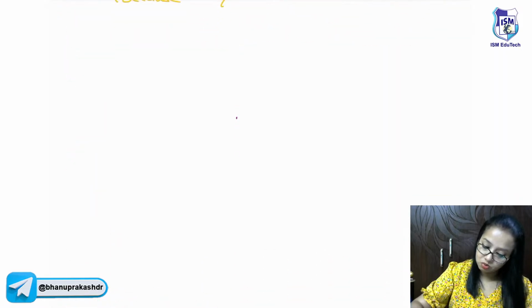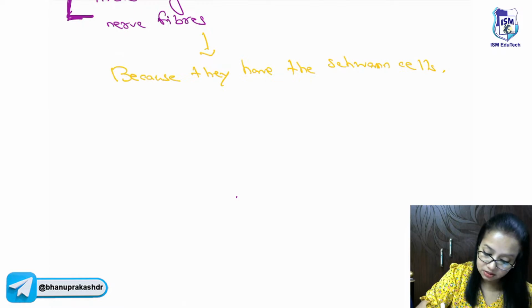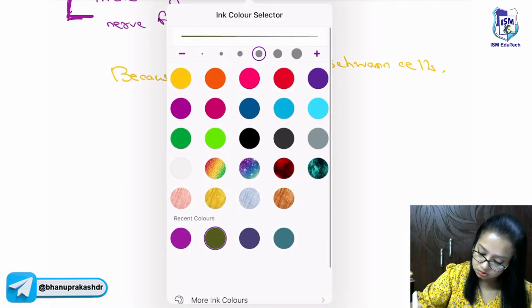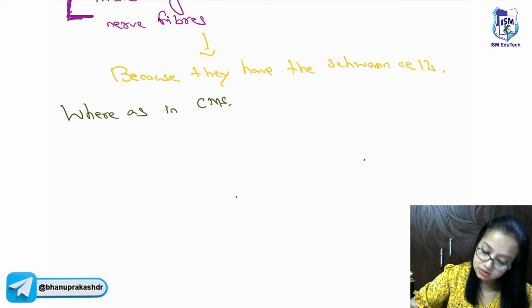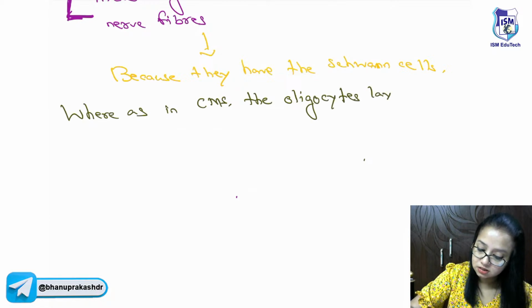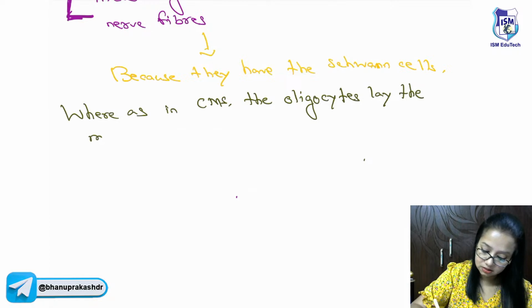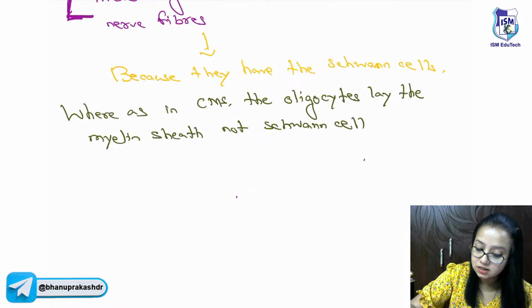Then why does regeneration not happen in the central nervous system? Whereas in the central nervous system, the oligodendrocytes lay the myelin sheath, not Schwann cells.